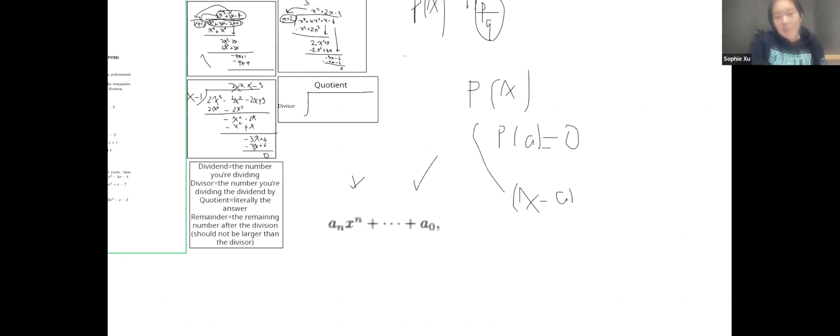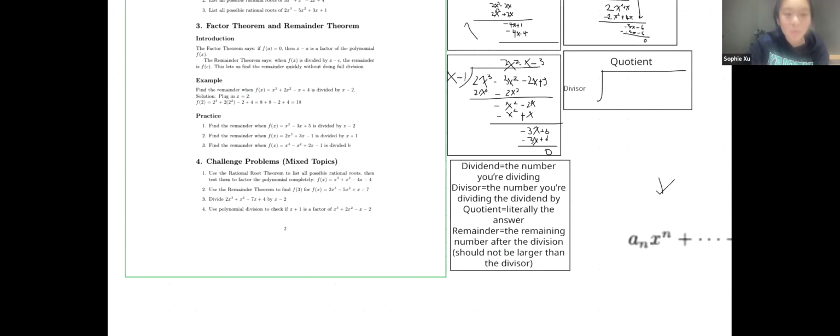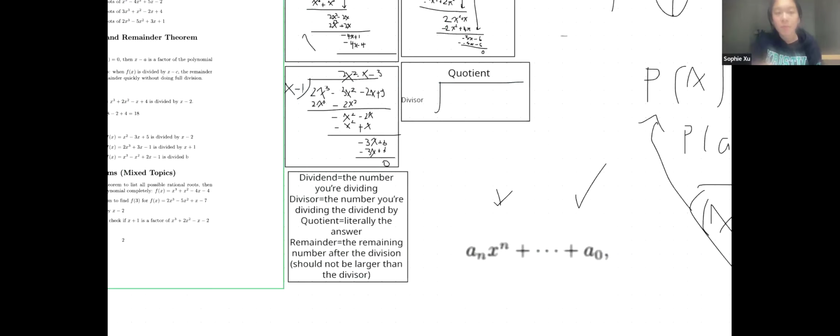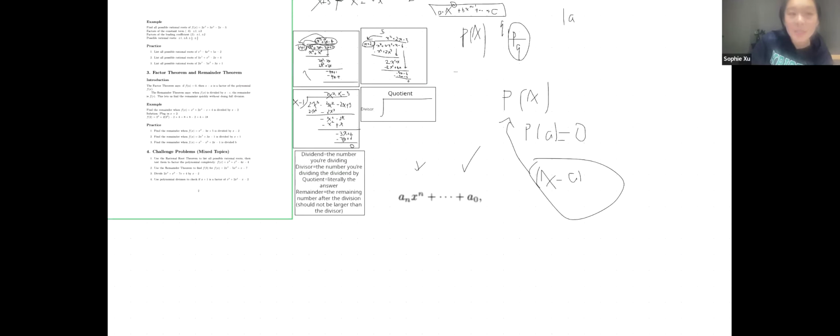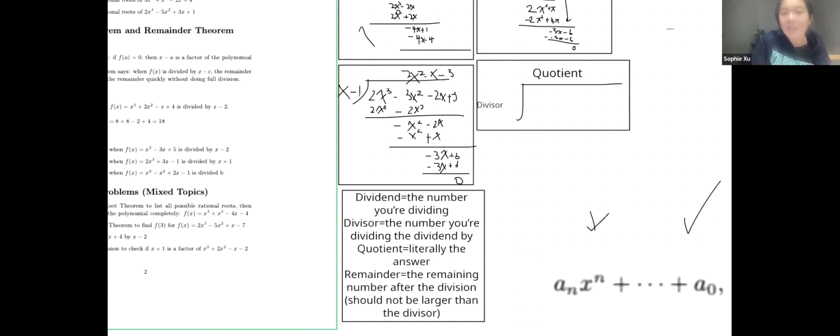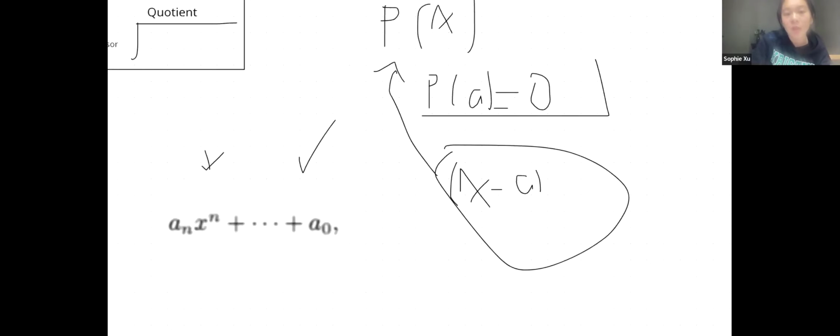So basically what it's saying is if you divide the polynomial by x minus A, then you will get a remainder of 0. Does that make sense? Yeah. But you might ask, how do I find if P of A is equal to 0? Does anyone have any ideas?